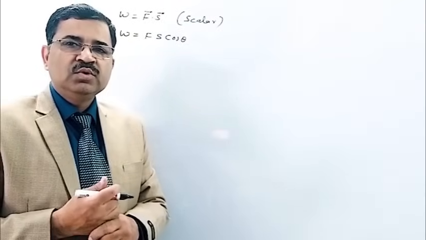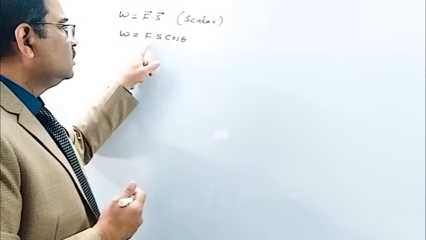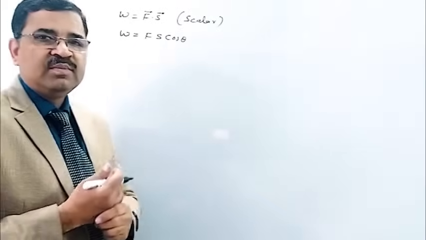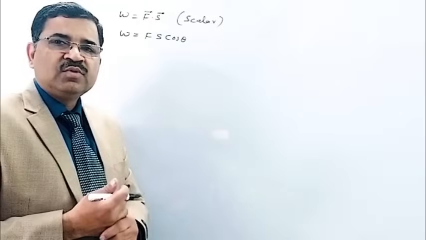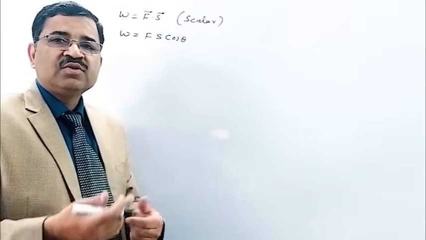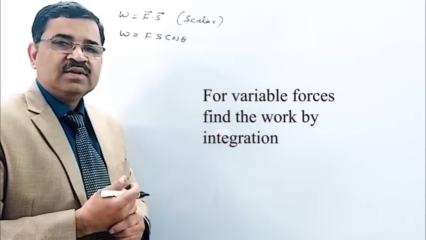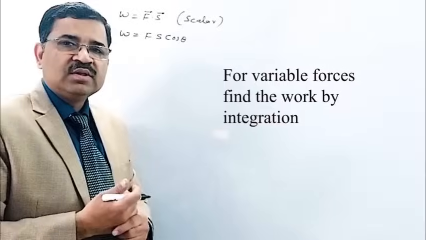And one more thing we should remember, that this formula is applicable when the force throughout the displacement remains constant, and if suppose the force is not constant, it is a variable force which is given as a function of position. मतलब अगर force position के साथ change कर रहा है, then in that case we have to use integration.